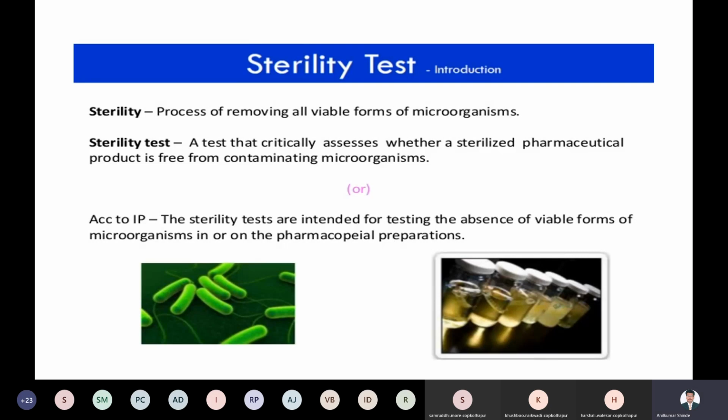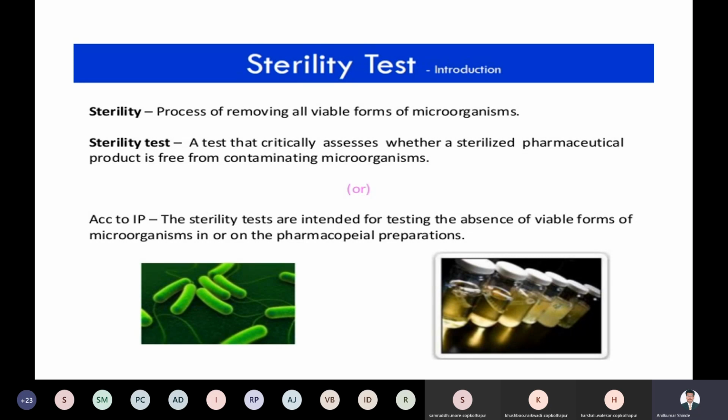So this test is conducted to see whether your formulation has microorganisms or not. This is called a sterility test. The test is critically assessed to check whether your sterilized formulation product is free from bacteria or not.